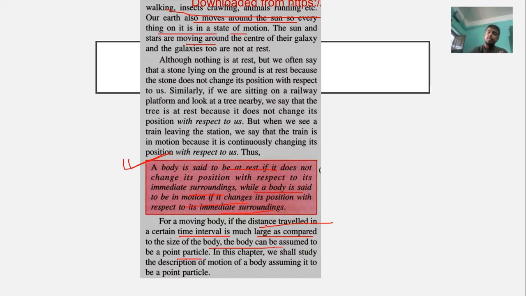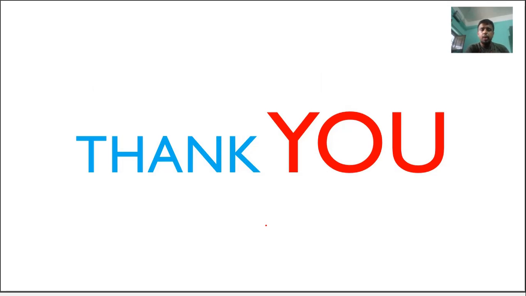Means if you are a 6 foot guy with 80 odd kgs mass, and you are moving at a speed of 600 kilometer per hour, then the speed is very huge as compared to your size. So then you will be considered to be a point particle. In this chapter, we will study the description of motion of a body assuming it to be a point particle.